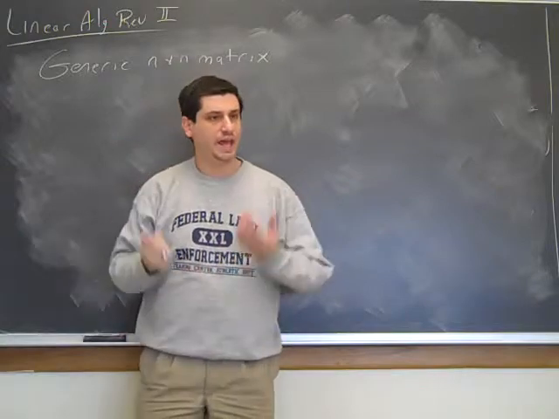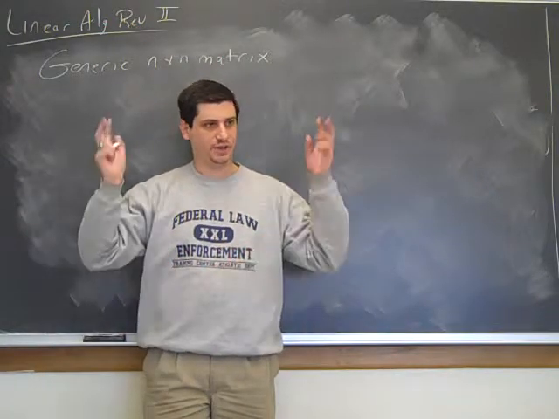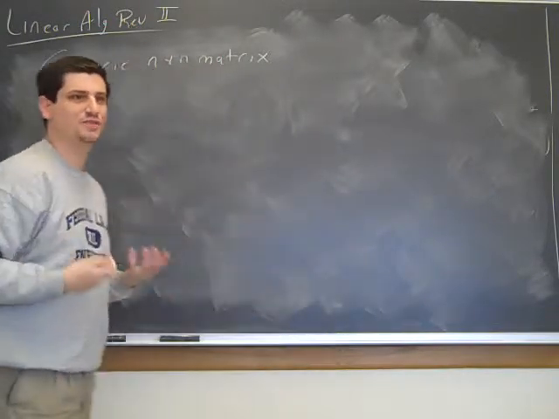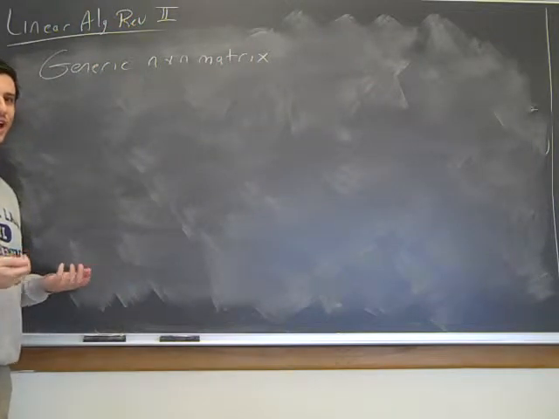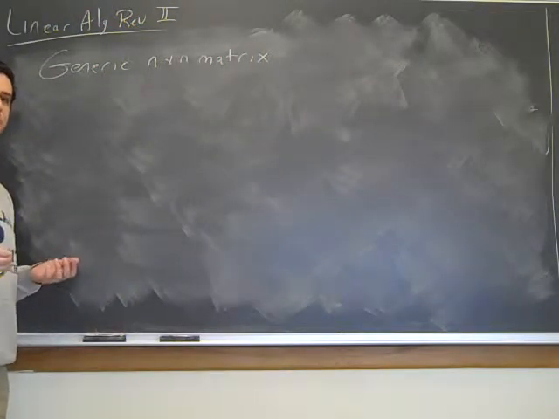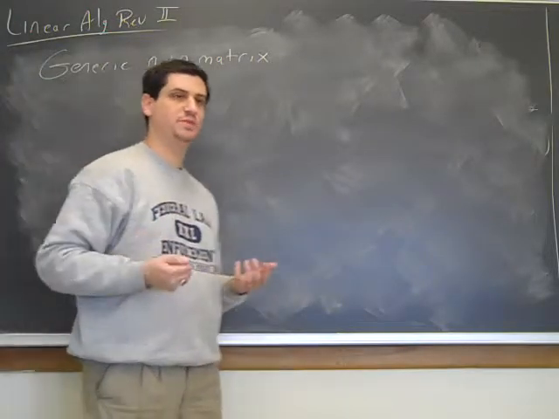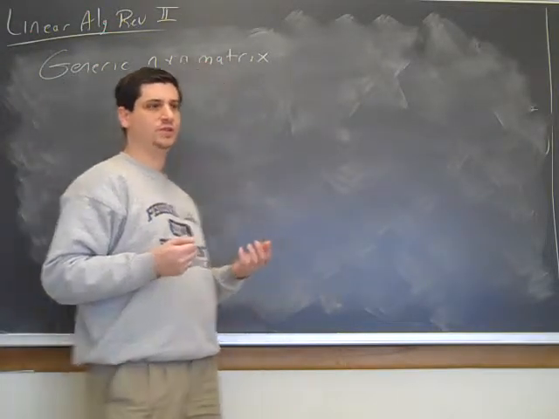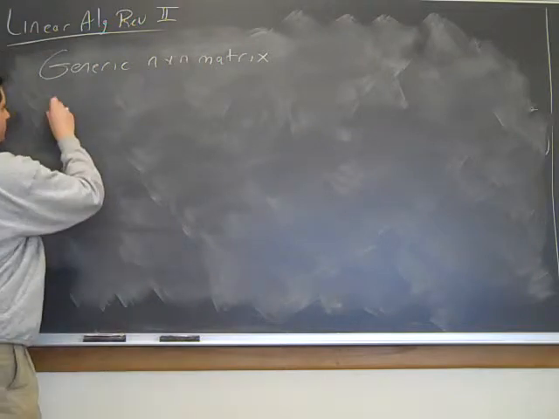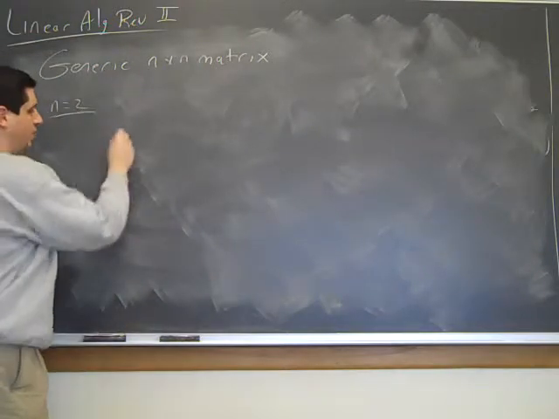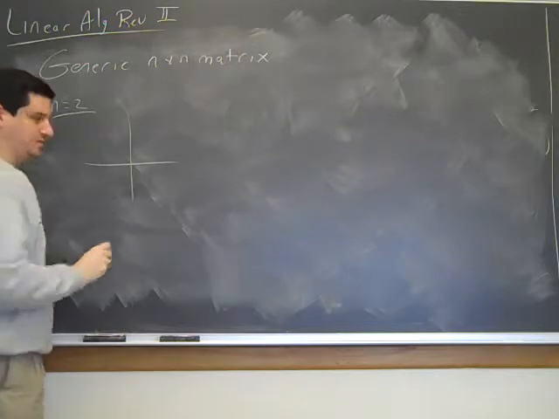So I choose n vectors at random in some sense, and you have to, of course, define what at random means. And I put them into a matrix, and I ask, is that matrix going to have non-zero determinant? Will the vectors be independent? Well, let's imagine we're in n equals 2. So we start off, and we choose a vector.